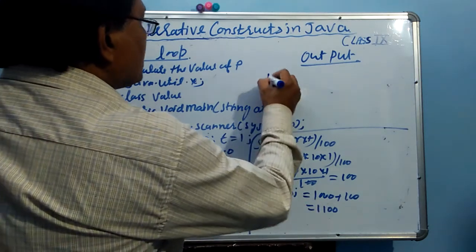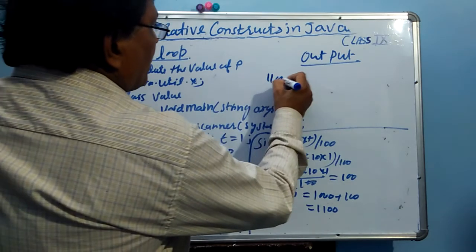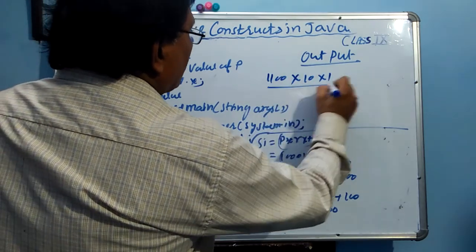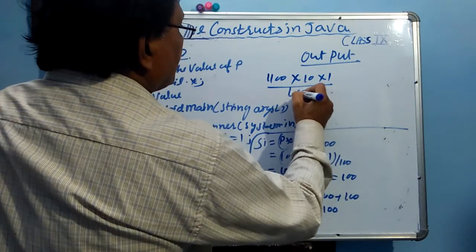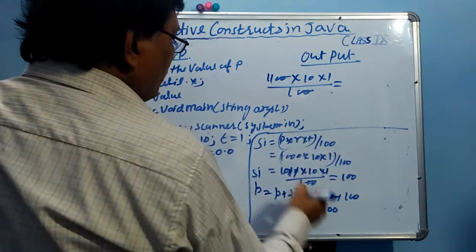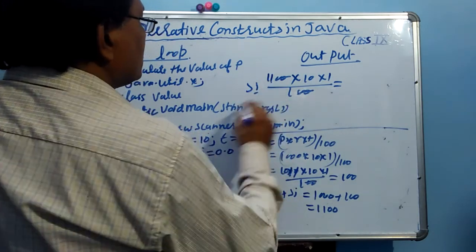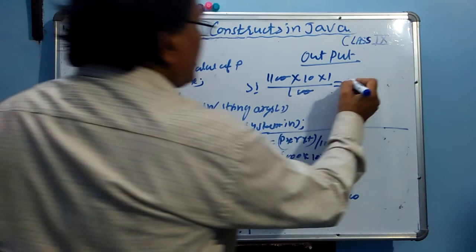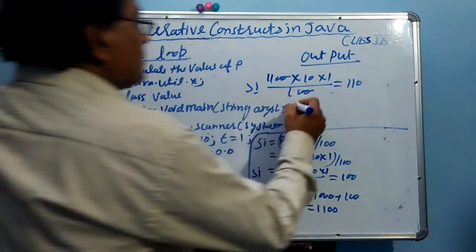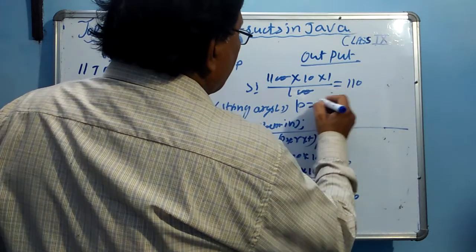So now the value of P is 1100, multiplied by 10, multiplied by 1, and divided by 100. Now the value of SI is 110. Now what will be the value of P?